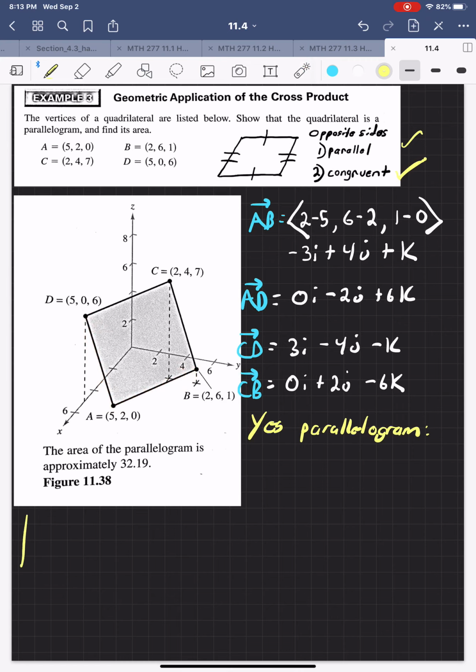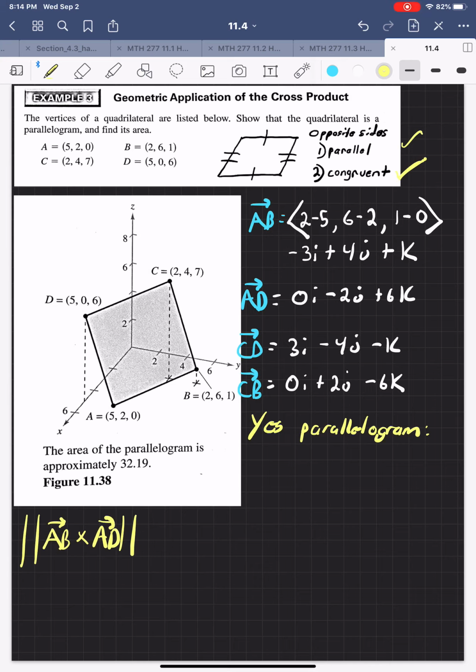All right, here we go. So the magnitude, and we need the cross product of A to B cross A to D. I've already shown you how to do a cross product twice, so I'm just going to give you the answer in this particular case.